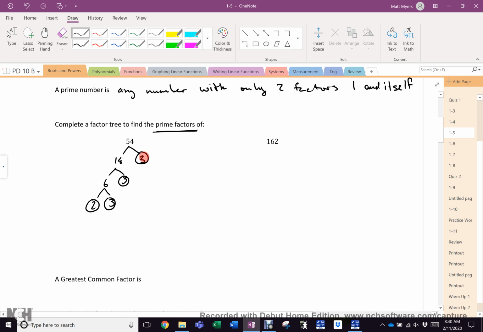And you can quite plainly see that I have 54 equals 2 times 3 times 3 times 3. Now, would any math person ever write it that way? Of course not. How would they write it? 2 times 3 cubed, yeah? Yeah. Now, let us do the same thing with 162, please.